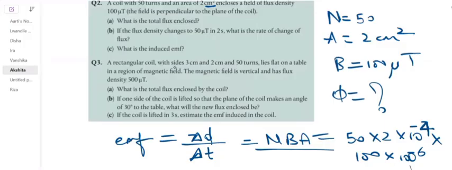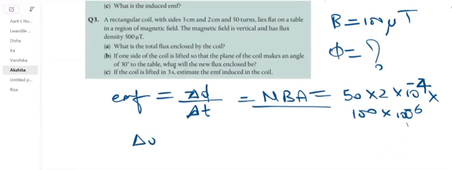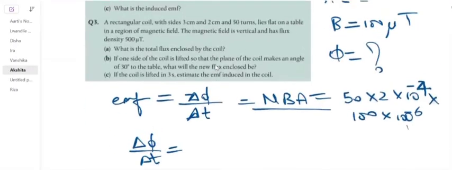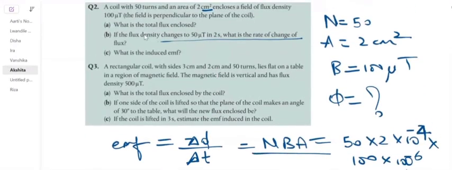Okay, now we have to find for the second part, that is the rate of change of flux. Del phi over del t. What will that be? In 2 seconds, flux changes 50 microtesla.